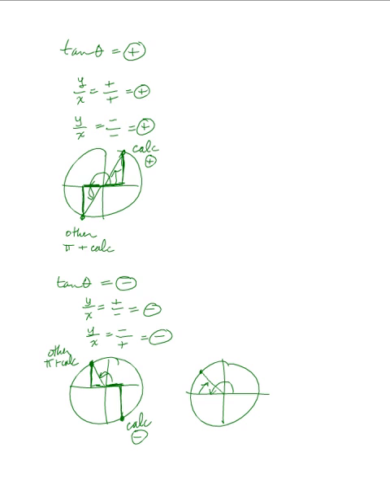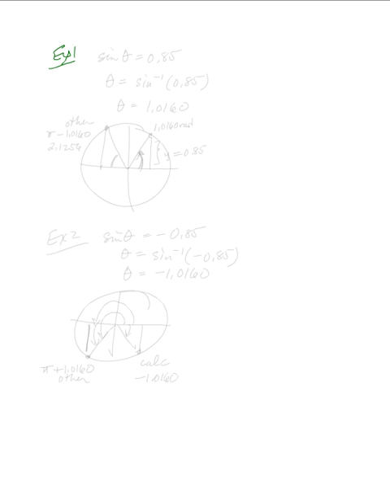So, example 1, sine of theta equals 0.85. So theta itself is inverse sine of 0.85. And the calculator will give you 1.0160.